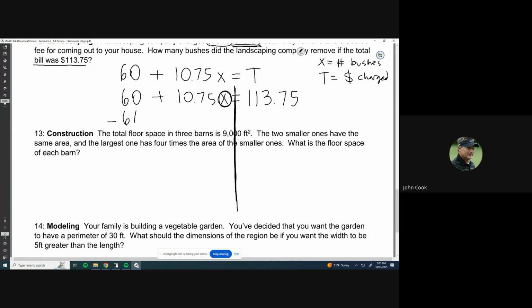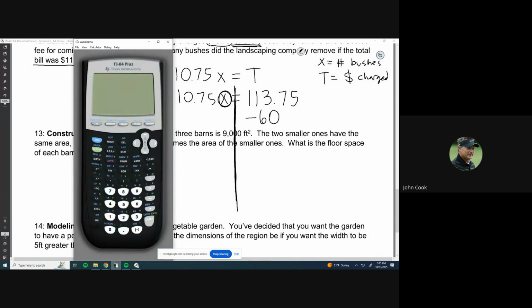So I have to subtract 60 on both sides. And that'll get rid of this part right here. 60 and 60 go away. And then if I use my calculator, 113.75 minus 60 looks like I get 53.75. So this turns into 53.75.